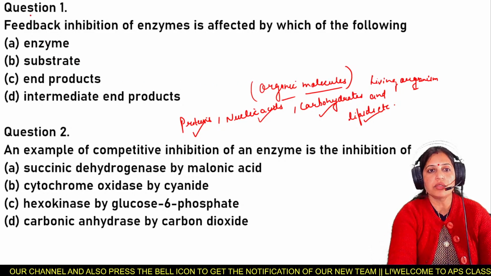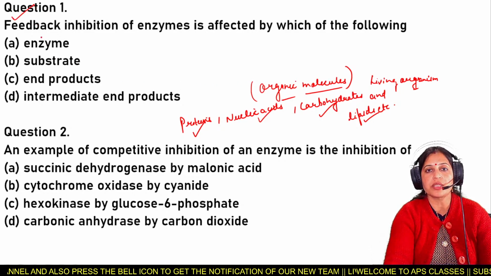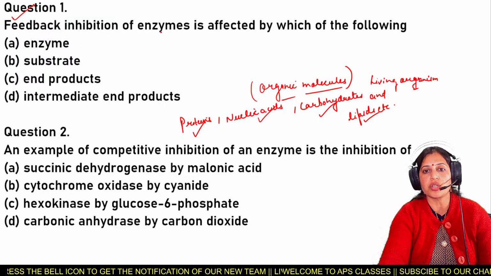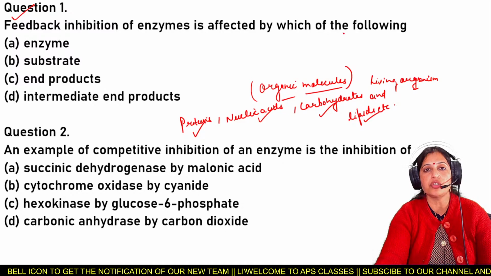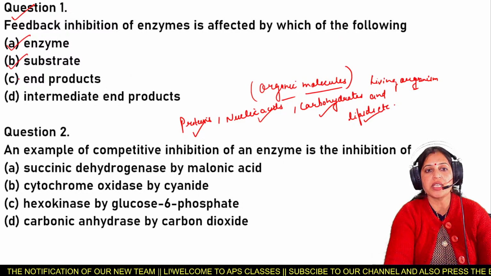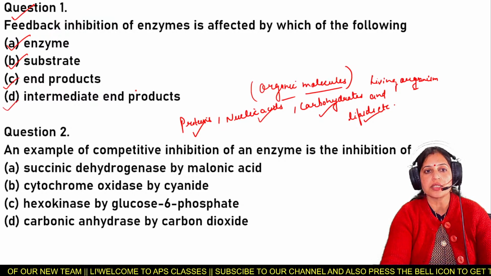Now let us start with our first question from the chapter. Feedback inhibition of enzyme is affected by which of the following? The options are: enzymes, substrate, end products, and intermediate end products.